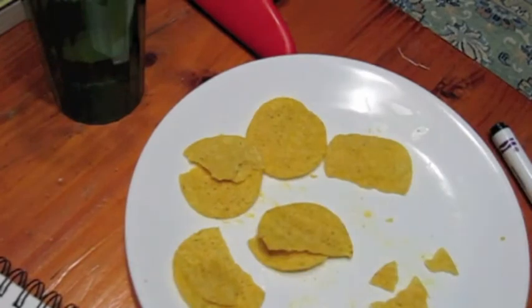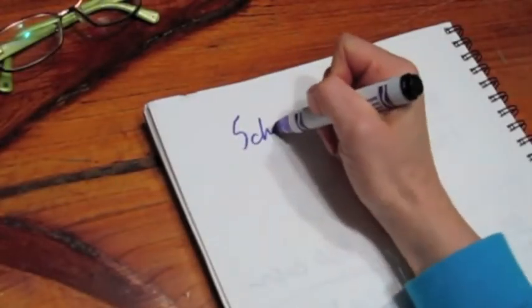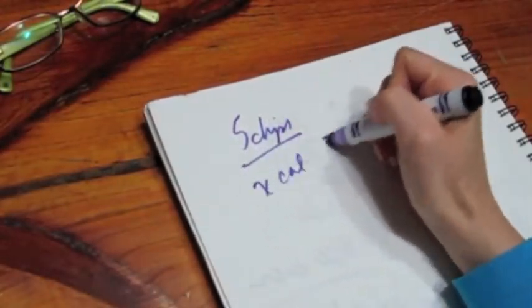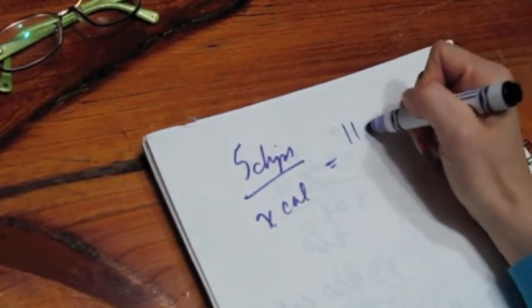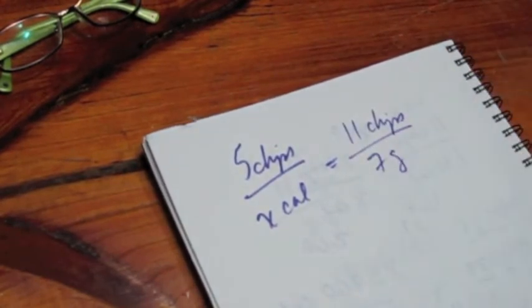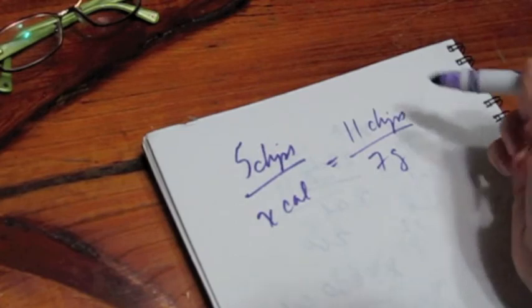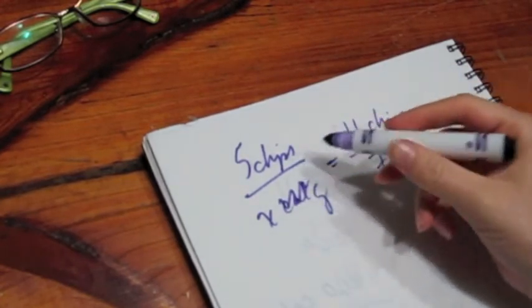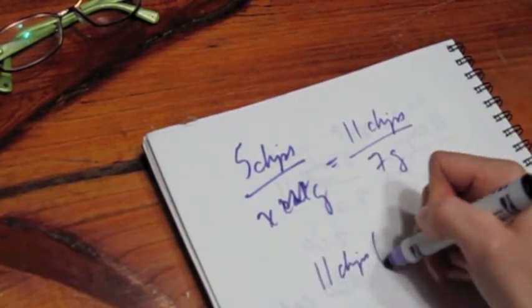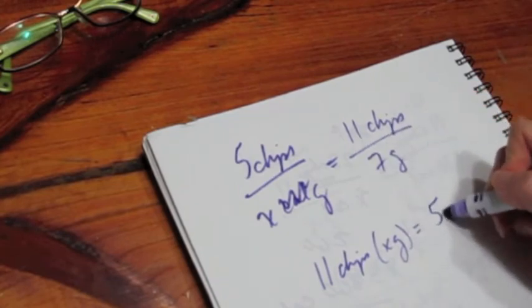Let's do half of the serving size. Again, I made up the serving size, but now I'm going to look at 5 chips. Not 5.5, 5 chips. So now it should have the fat as well. Oh, sorry. It's supposed to be grams of fat. So do the cross multiplication.